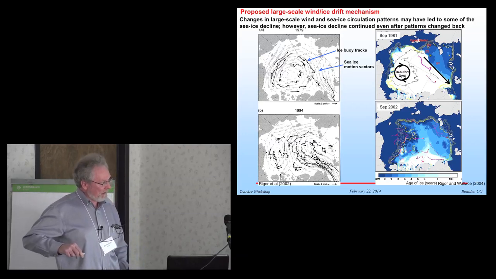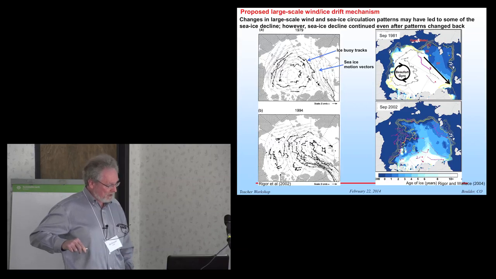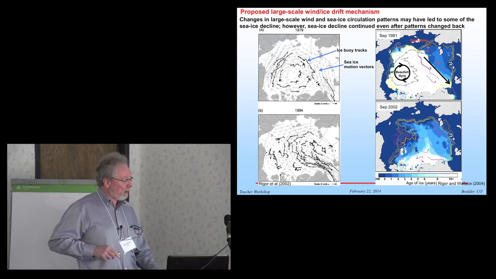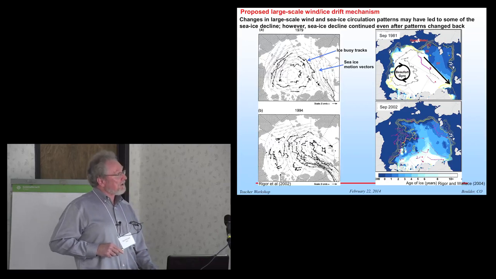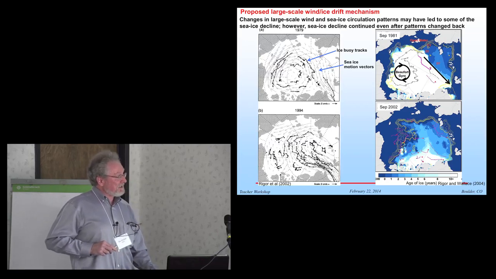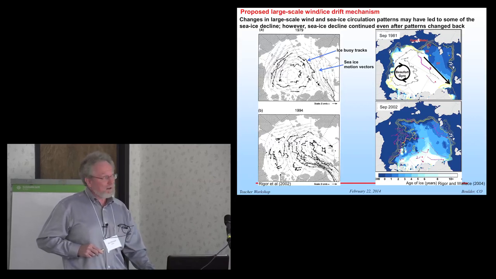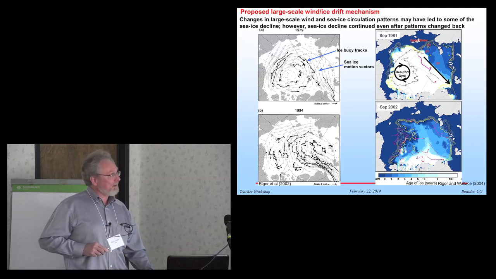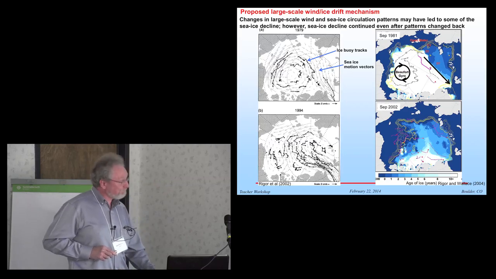So the old ice is kind of relegated to the top of the Canadian archipelago and Greenland, and the rest of the Arctic Ocean has much younger ice. So people are pointing to these large-scale wind changes as being the cause. However, since the 1990s, the wind patterns have changed back to what they were before, but sea ice decline has continued. So they're saying, okay, well, maybe that wasn't the entire answer, at least. It might have been part of it.